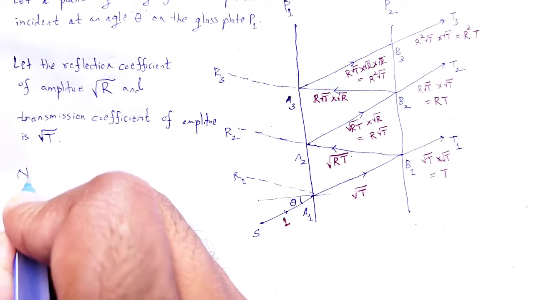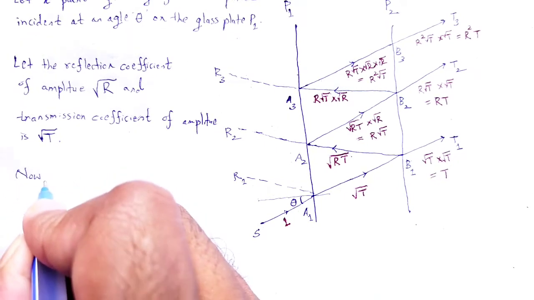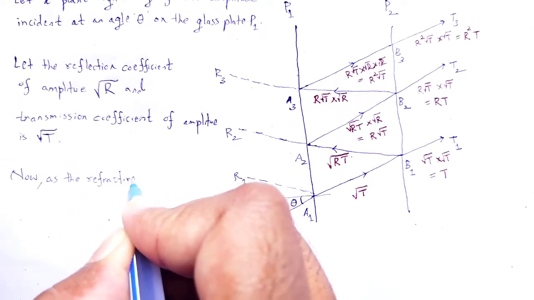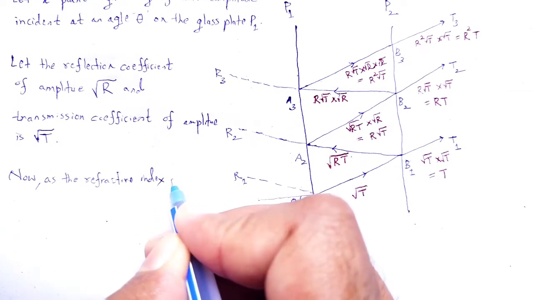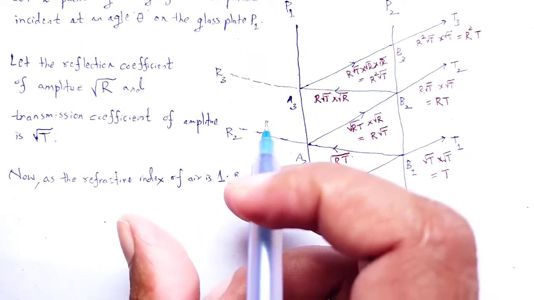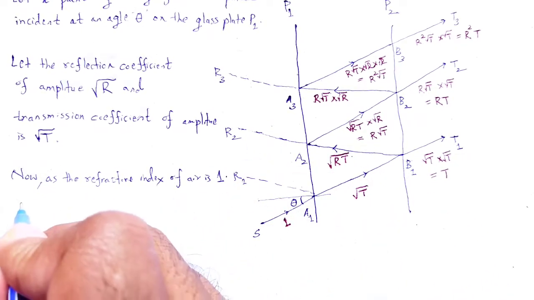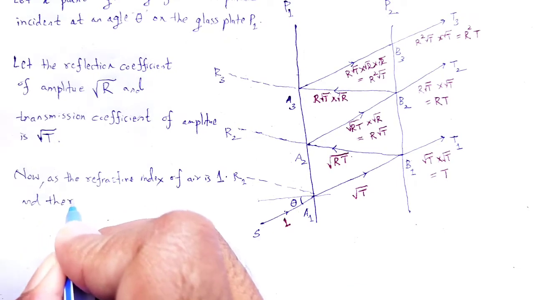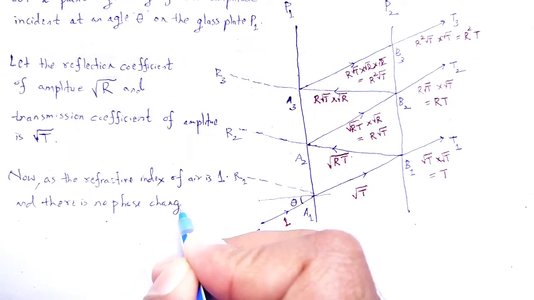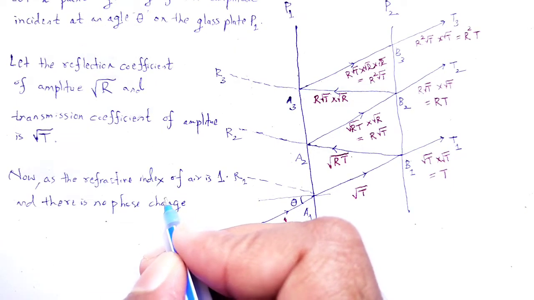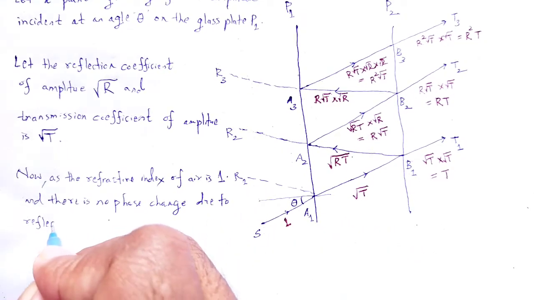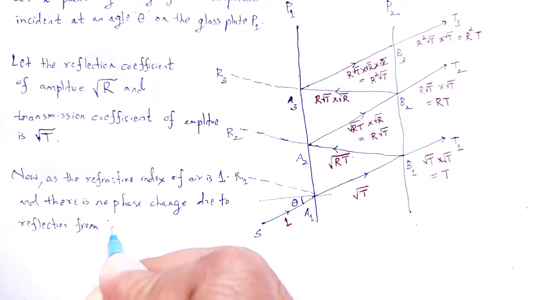Now, as the refractive index of air is 1, which is the rarer medium, and there is no phase change due to reflection from rarer medium.